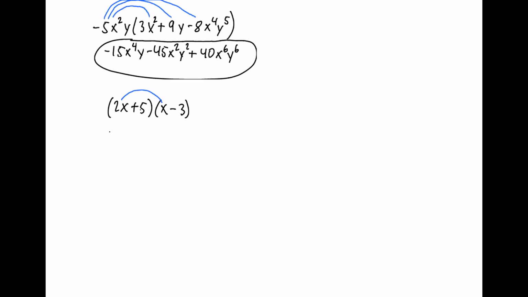will give us 2x squared. Remember, add the exponents. X times x is x squared because 1 plus 1 is 2. Okay? Then we take the first term again and multiply by the second term. So 2x times negative 3 will give us a negative 6x.